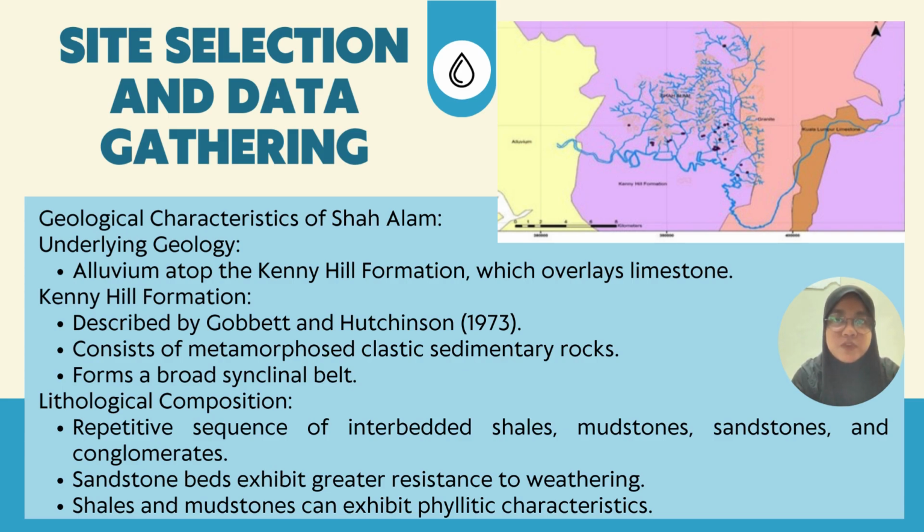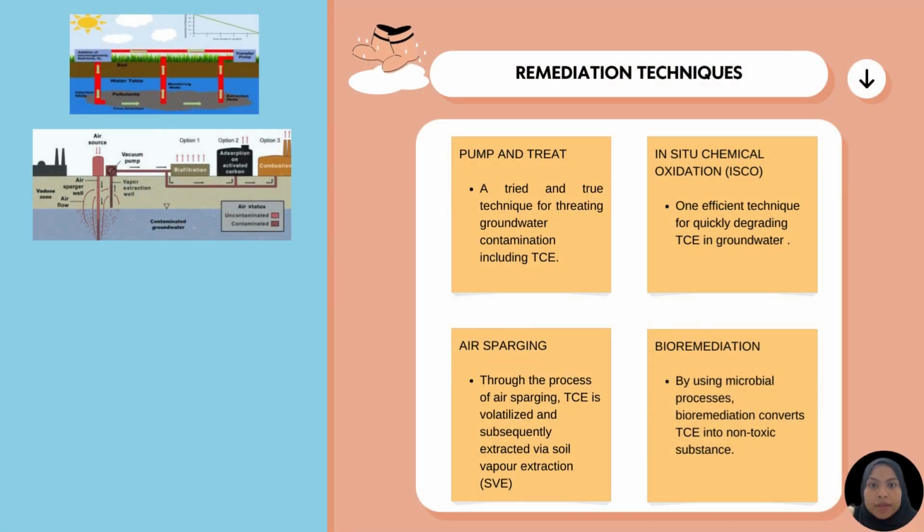The formation forms a broad synclinal belt and comprises a repetitive sequence of interbedded shales, mudstone, sandstone, and conglomerates. The sandstone beds within the formation exhibit greater resistance to weathering compared to shale and mudstone, which can sometimes exhibit phyllitic characteristics.